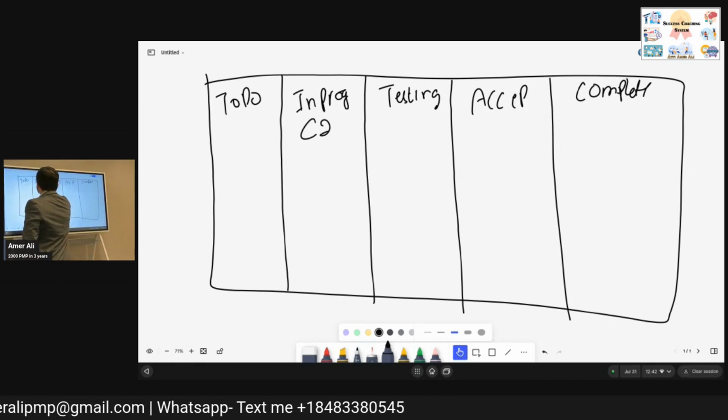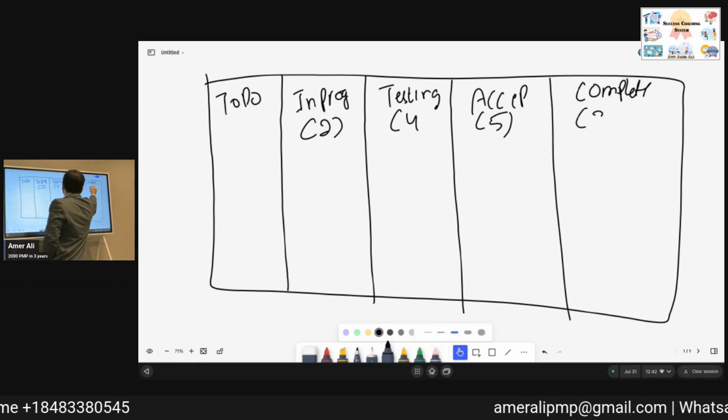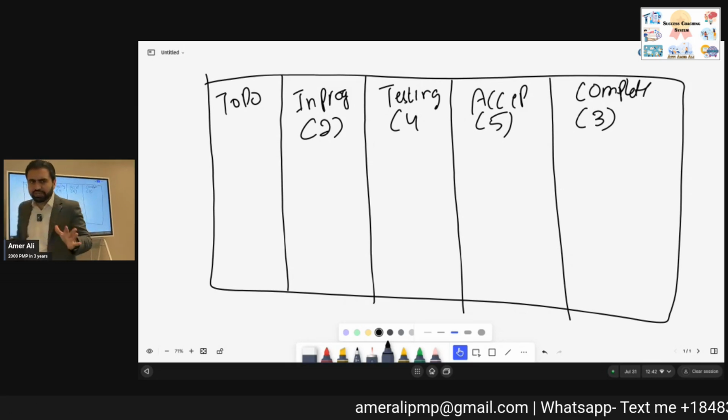Let's say the work in progress limits are 2, 4, 5, 3. The work in progress limit can be anywhere.